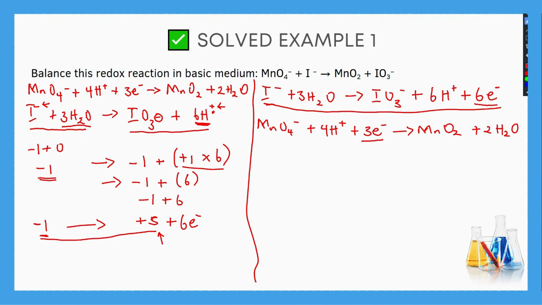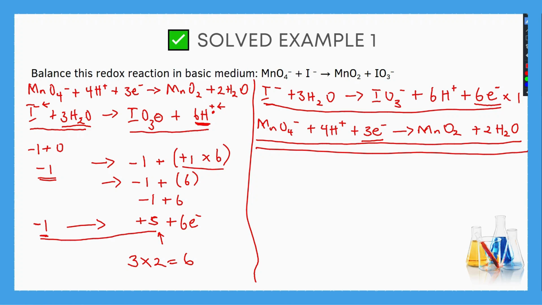Above, we have 6 electrons. How do we make 3 to be equal to 6? We just simply say 3 times 2 gives us 6. So what we do is to multiply this equation that is under by 2, and then multiply this one by 1. So when we do that, what are we going to end up with?